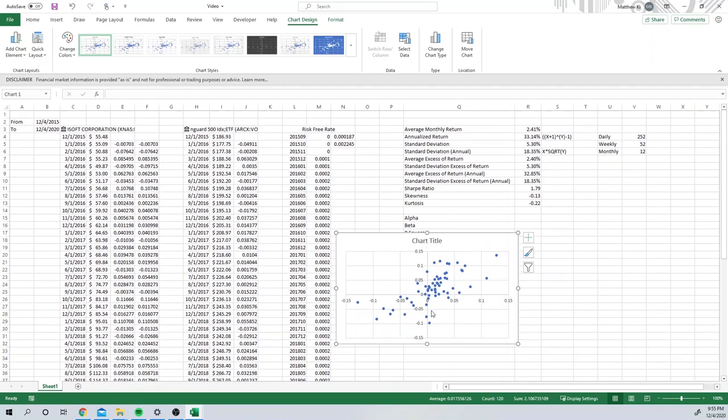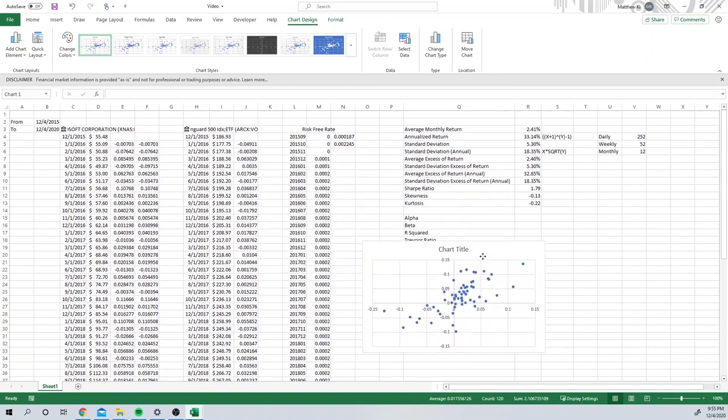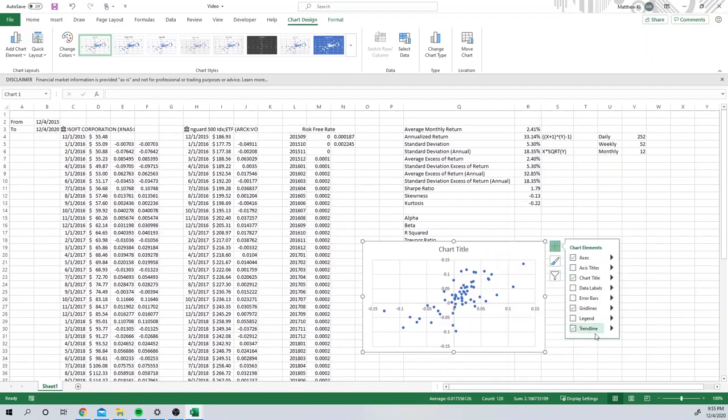But then the y-axis is Microsoft. So on that specific day, the S&P 500 went up 6%, and Microsoft went up 11%. It just shows you how they performed corresponding to each other. Now we can create a regression line, a trend line. This is beta. This is the slope of beta. This shows you how volatile it is.